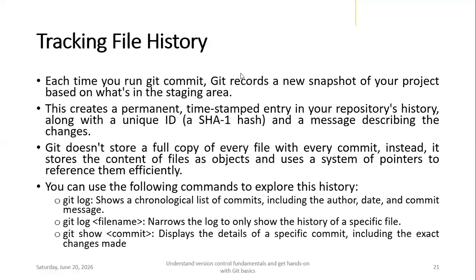It takes these snapshots from the staging area. This creates a permanent timestamped entry in your repository history along with a unique ID, a SHA hash, and a message describing the changes.